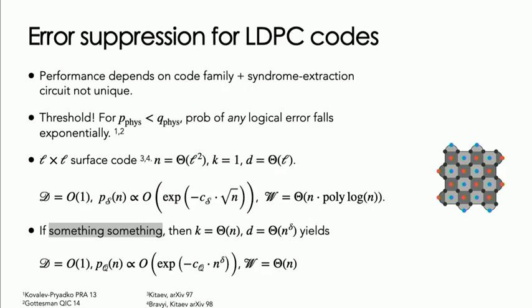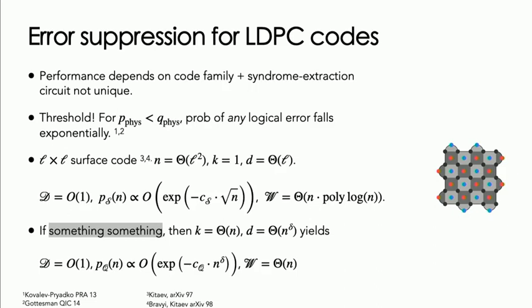And what that amounts to, as far as our syndrome extraction circuit goes, is that we've got a circuit with depth 1, ignoring having to repeat syndrome extraction with noisy syndromes. It's got depth 1. The probability of failure falls exponentially in L, which is the side length of your surface code. And the total number of qubits that you need is n times polylog n to encode some k qubits. Or maybe I should have said k times polylog k.